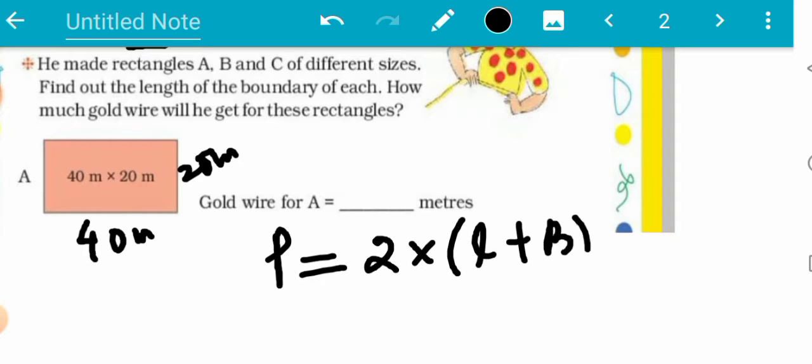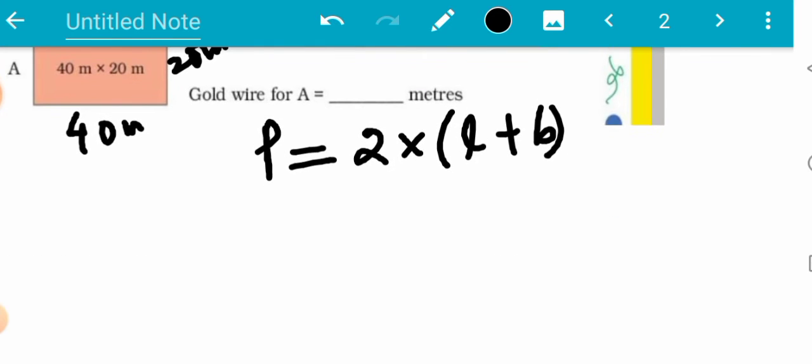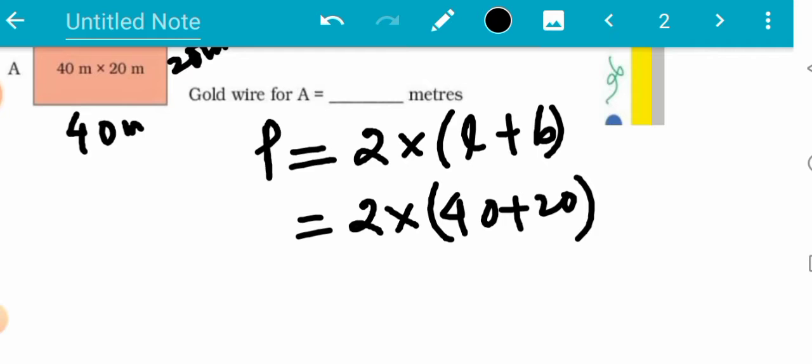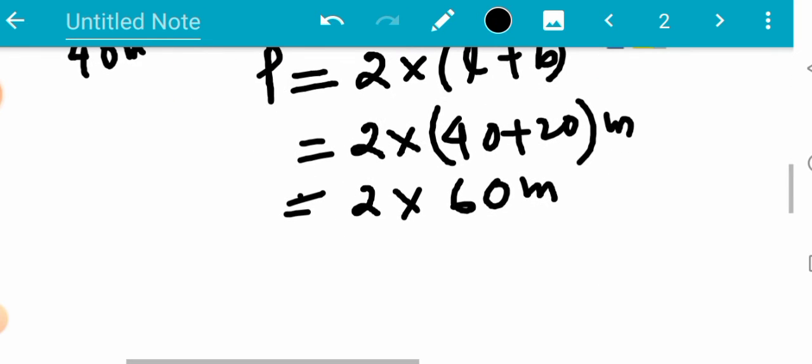So the perimeter of this rectangle is 2 into 40 plus 20 meter, 2 into 60 meter, that is 120 meter.